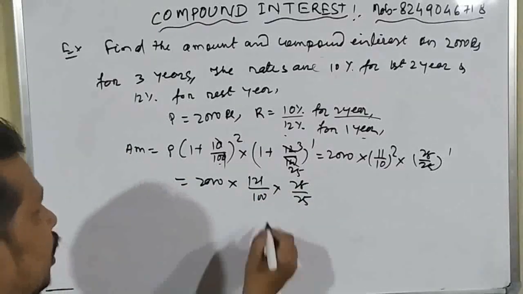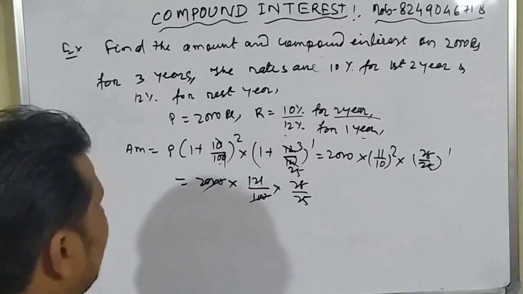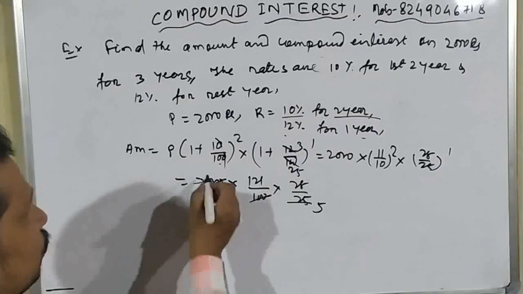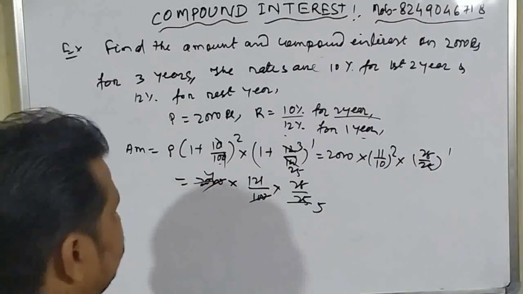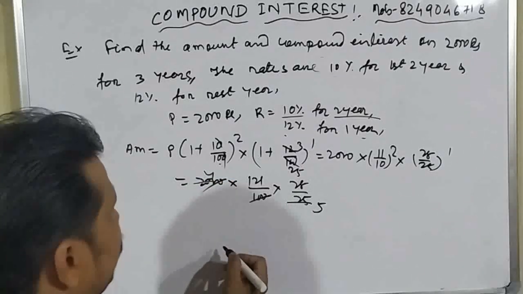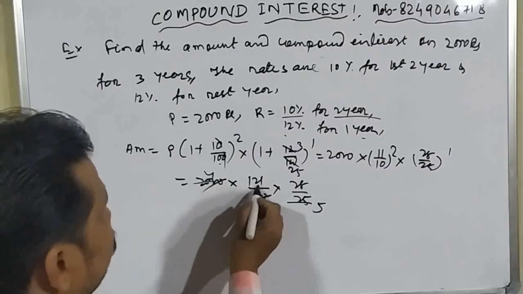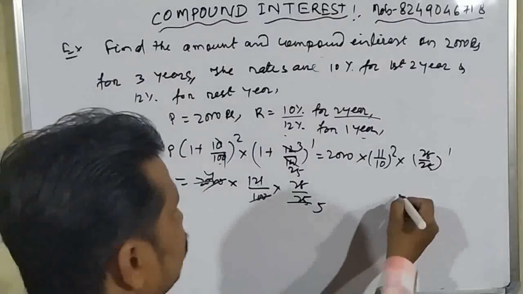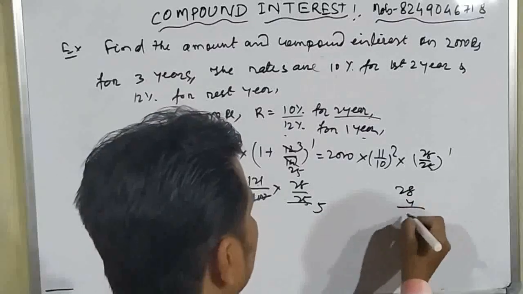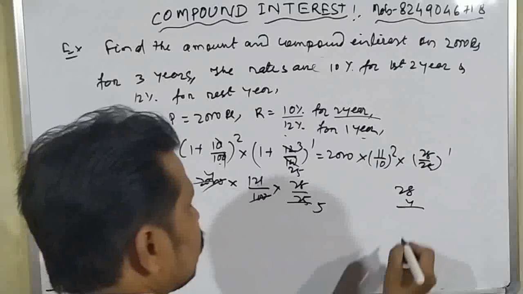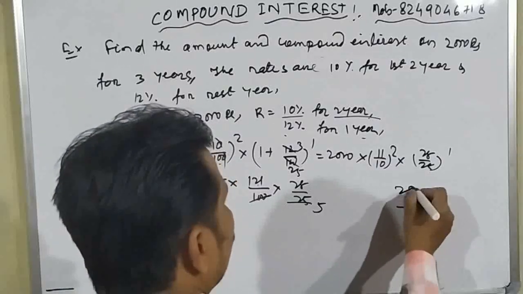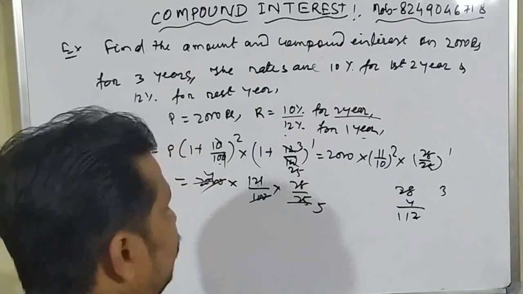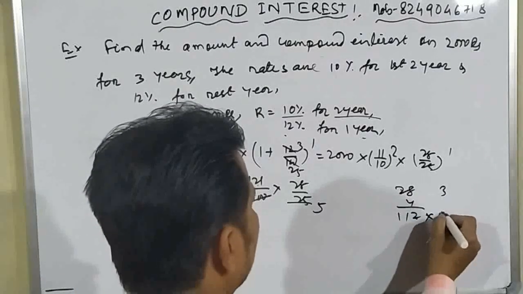Okay, student? Here 20 cancelled, and 5 into 25, 5 4s are 20. Okay, student? So now we have to find the product of 4 into 121 into 28, which is 28 into 4, which equals how much? 4 8s are 32, 3, 4 2s are 8 plus 3, 11, 112, into 121.